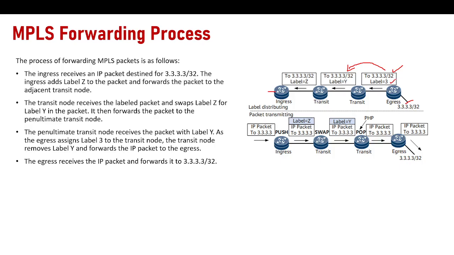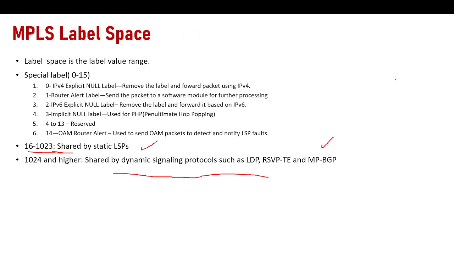Label number 3, what does it mean in an MPLS setup? Hello? Yes, Fabian. You said level number what? 3? Yes. I think that's implicit null, if I'm correct. Okay. Yeah, I've taken it. Okay, you can mute, Fabian.